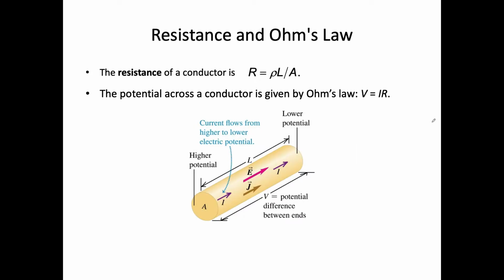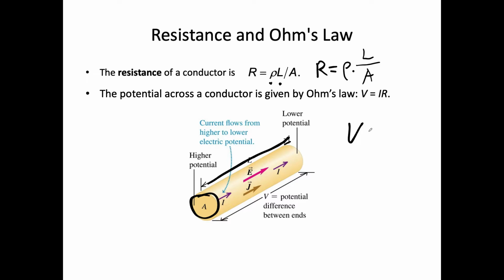And then we also have, if you know the resistivity of a metal, and you have a piece of metal where you know the length and the cross section, then its resistance is given by resistivity times length over area. And also we have Ohm's law.